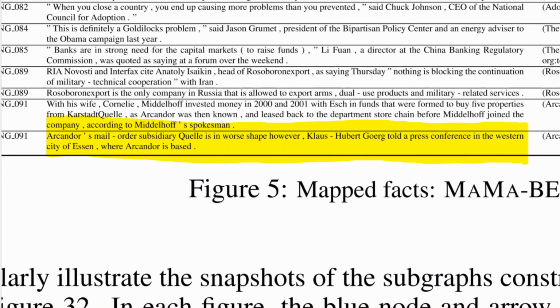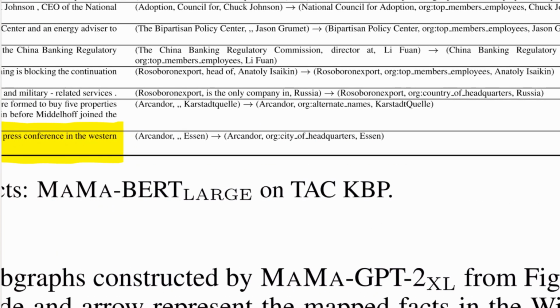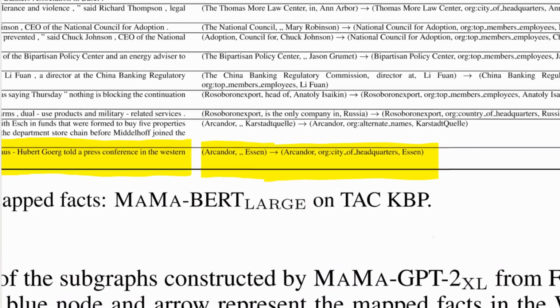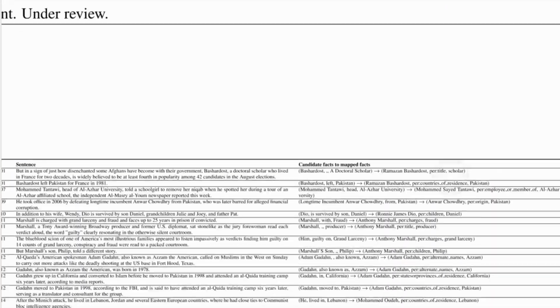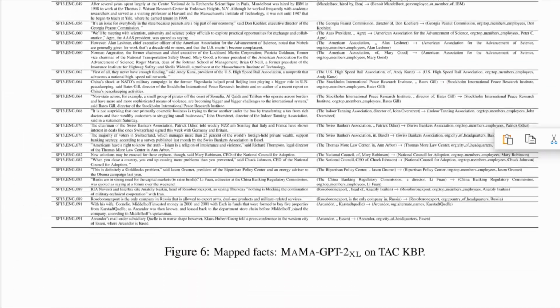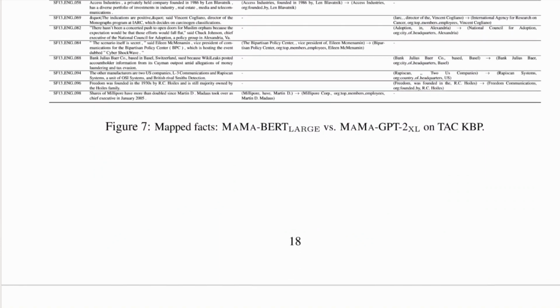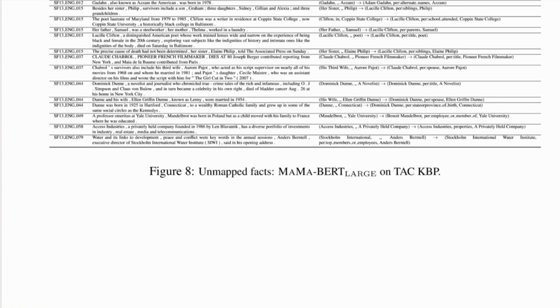However, Klaus told a press conference in the western city of Essen where yada yada yada, and it extracts this company and maps it to the city of headquarters. Maybe they leave out some text here. What I want to get to is the unmapped facts, to show you mapped facts and unmapped facts.